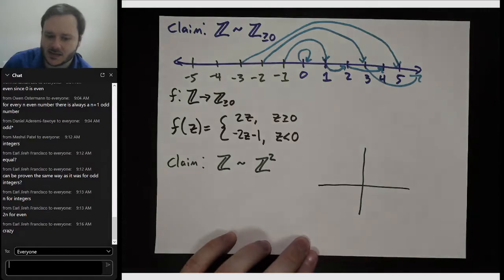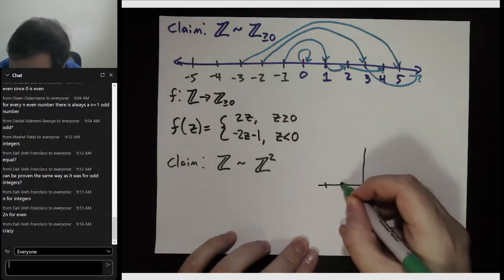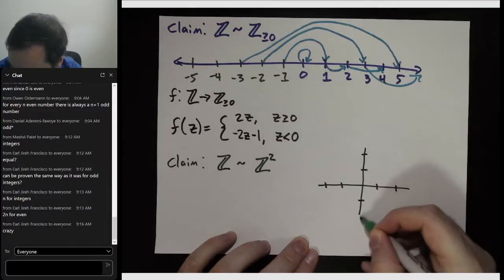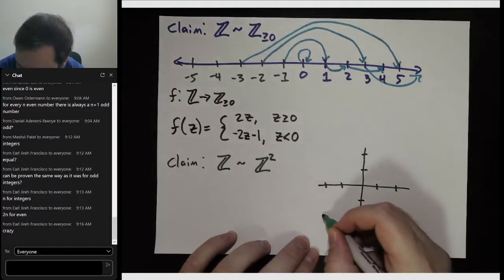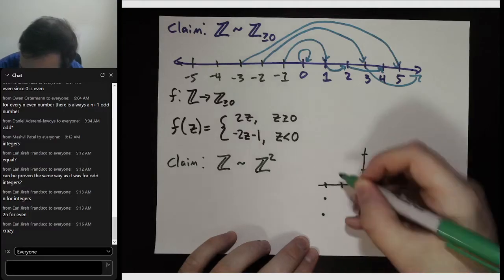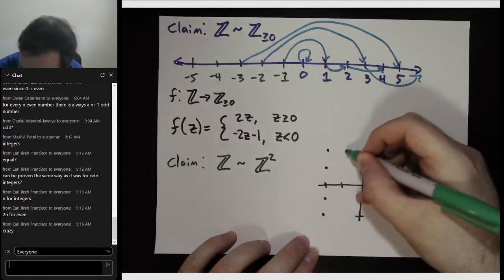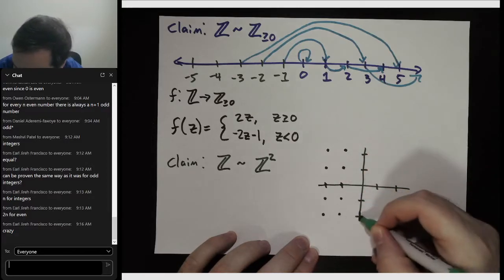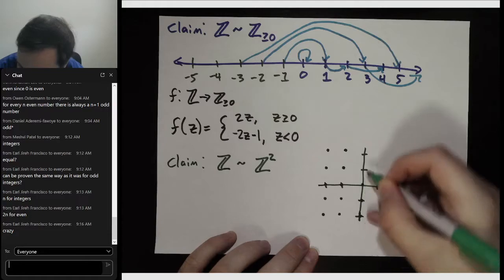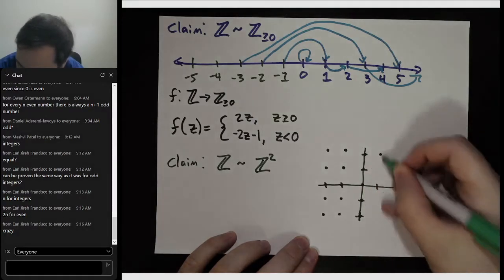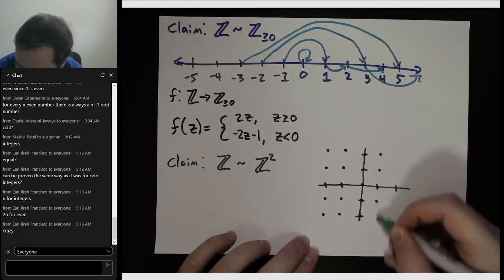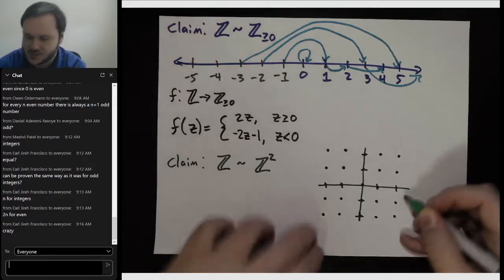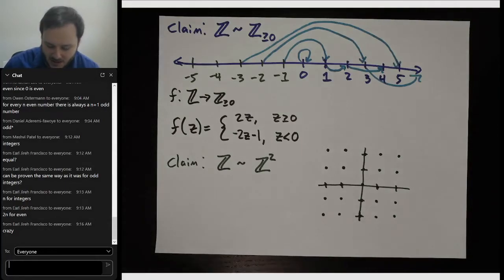Z cross Z is the set of ordered pairs. I've got (0,0), (0,1), (1,0), (2,2). Right, I'm looking at this integer grid. And I'm claiming these two sets have the same cardinality.